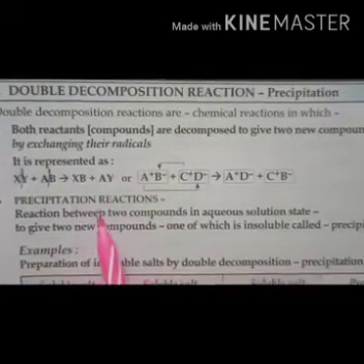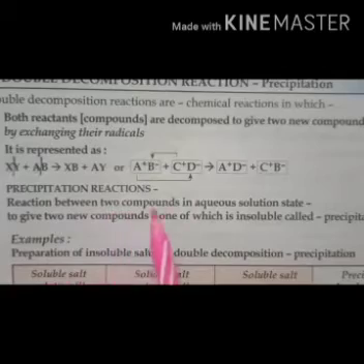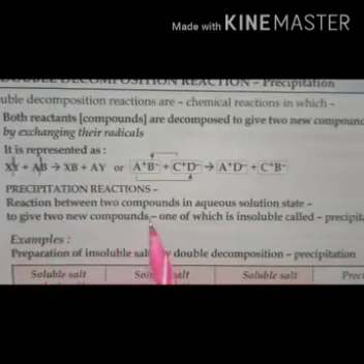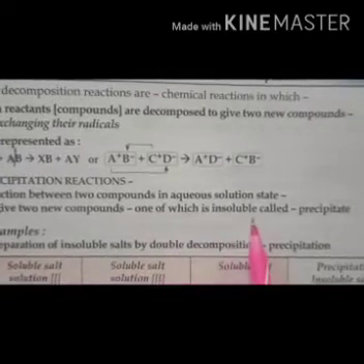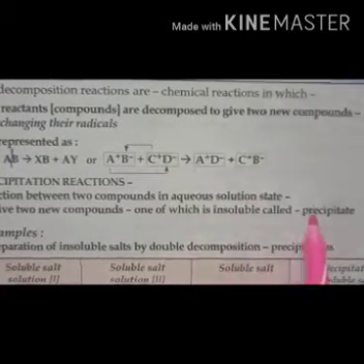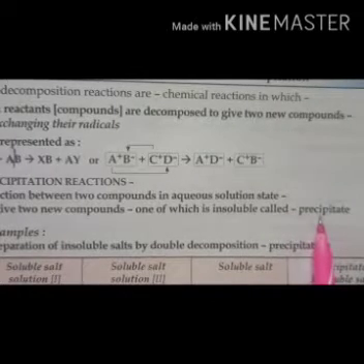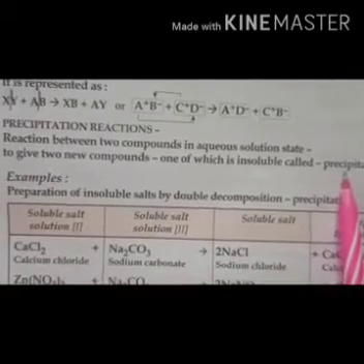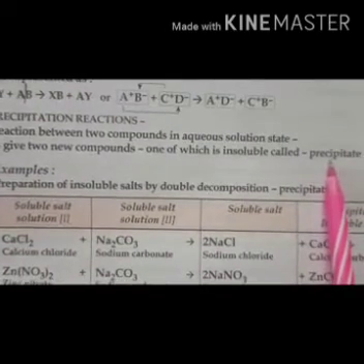Now what is a precipitation reaction? The reaction between two compounds in aqueous solution to give two new compounds, one of which is insoluble, and that insoluble compound is formed as a precipitate. Generally they are insoluble, but in some cases they may be soluble.